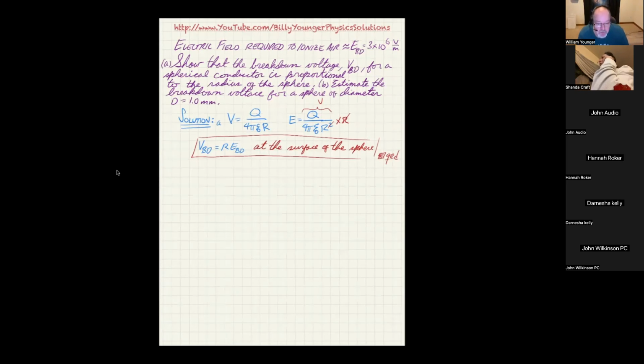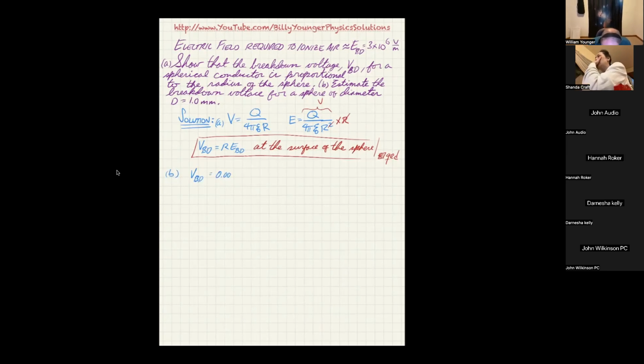Now, part B wants us to estimate roughly what that breakdown voltage is for a sphere whose diameter is 1 millimeter. So that's a really small amount. So let's do part B. V breakdown would equal 0.00, remember, a millimeter would be the third decimal place, so I'd have a 1 there, but that's the diameter.